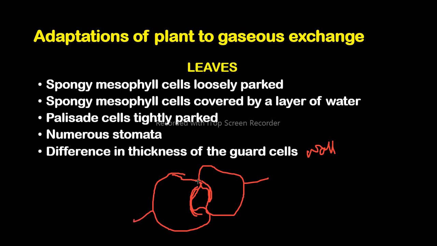So this irregular thickening of the guard cells allows the opening and closure of the stoma, which then facilitates gaseous exchange, the diffusion in and out of these respiratory gases.